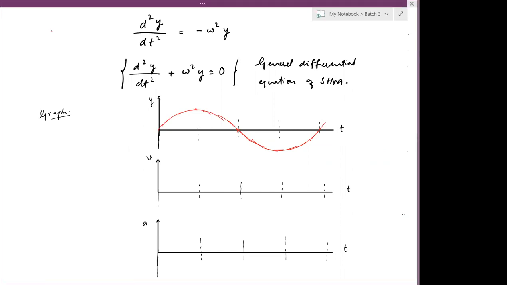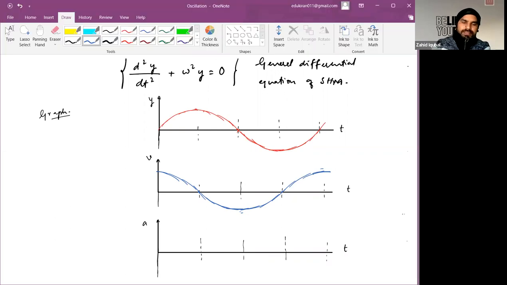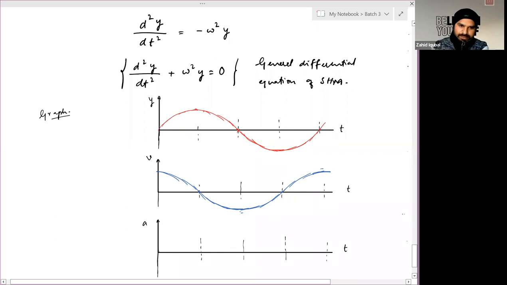Next, for velocity, which is omega times a cos omega t, it will be a cosine curve. Velocity versus time. And then next is acceleration, which is minus omega squared a sine omega t. That is minus sign dependent. So the graph will be like this.